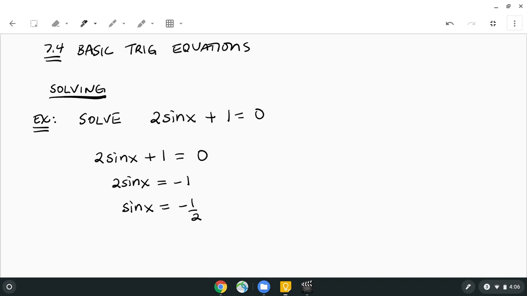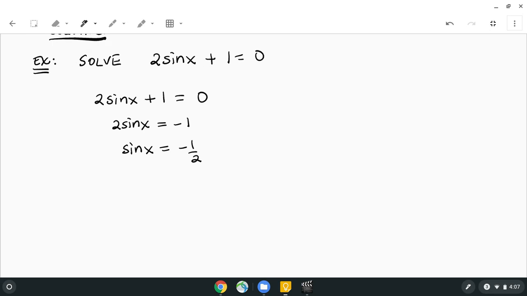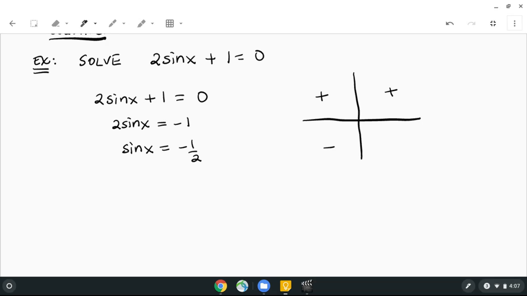Now I need to think, what angles have a sine of -1/2? If you remember, sine is positive here and here, because sine are the y values, and negative here and here.